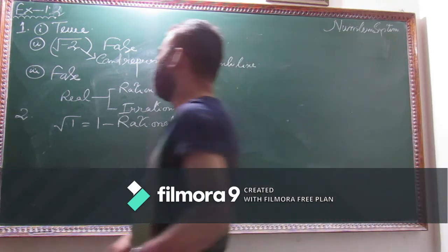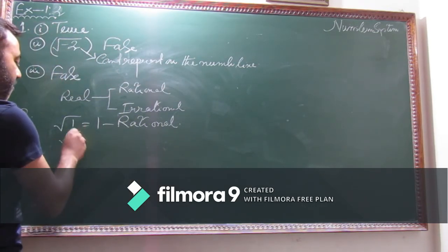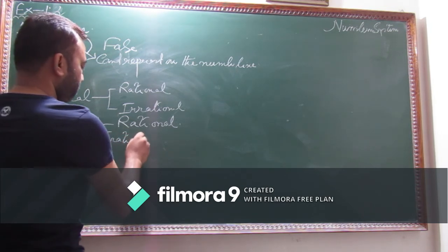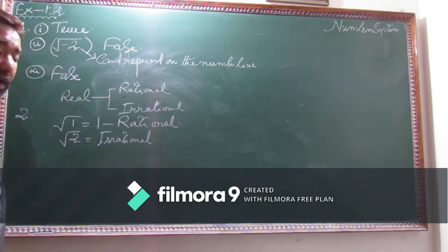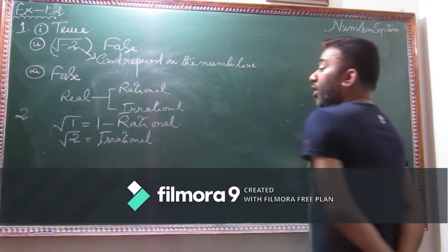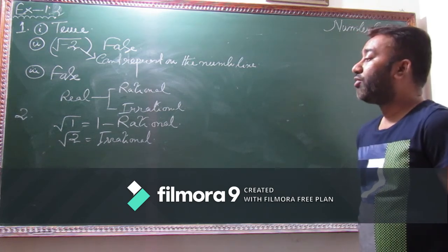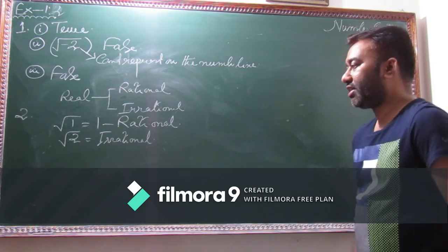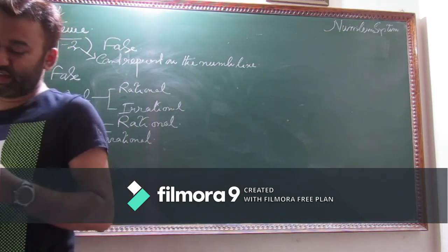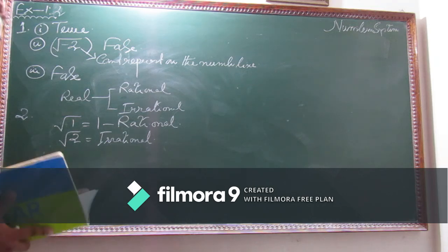Okay, root 1 is equal to 1, which is a rational number. Again, root 2 is irrational. The moral of the story is that the square root of a square number is rational and the square root of a non-square number is irrational. Now root 5 can be represented. This question is done, and question number 4 was also explained earlier. That's all.